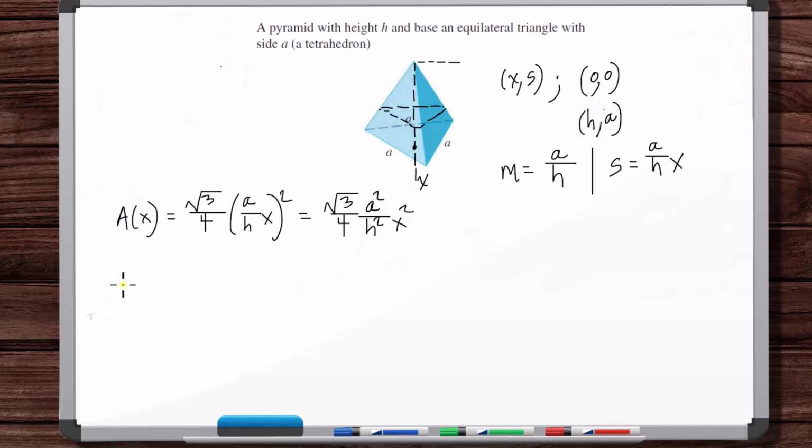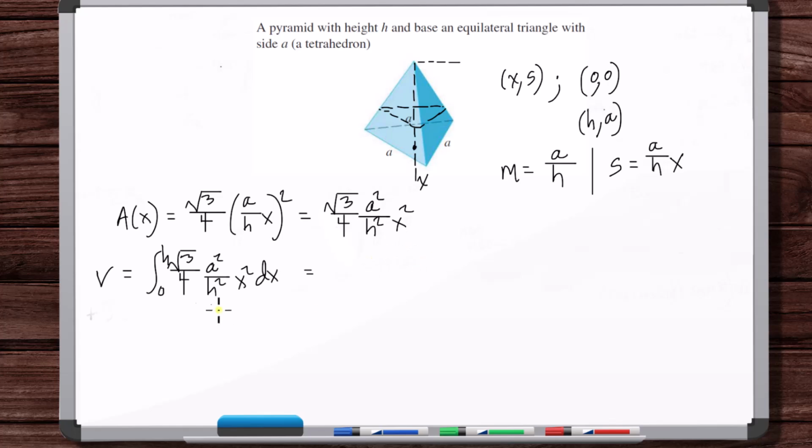And there we go. Now the volume is the integral from 0 to h of root 3 over 4 a squared over h squared x squared dx. Just like that. That's simple.